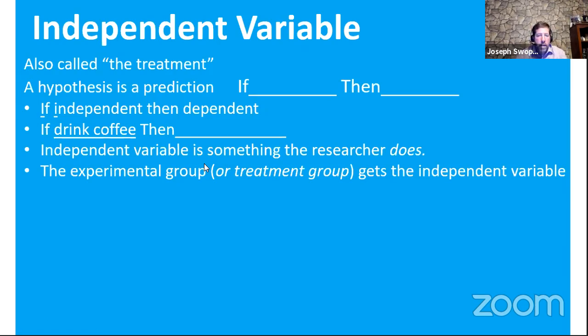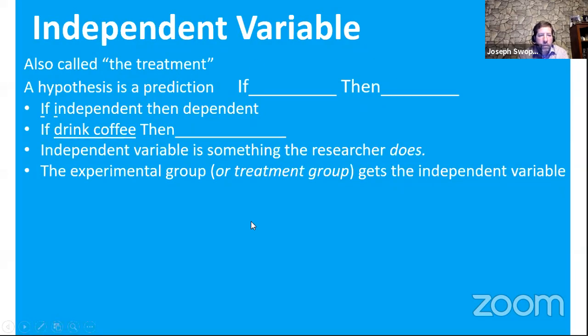It's something you give, a button you push, a lever you pull, something that hopefully will cause a result. It's important to note, and we're going to get into this later, that the experimental group, sometimes known as the treatment group, is the group that gets the independent variable. So if a certain group gets an independent variable, then a result happens.